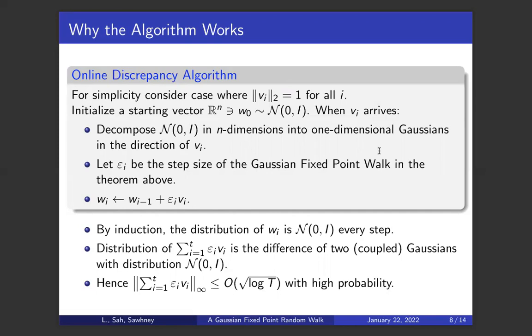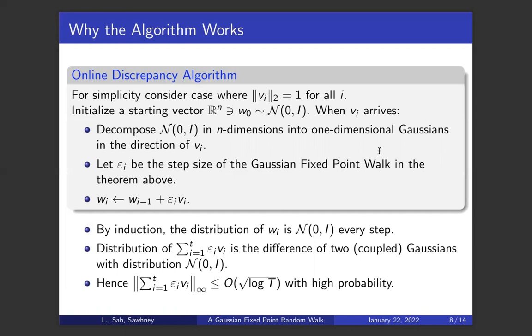This is because w_i has distribution N(0, I_n), and the initial random vector w0 that we picked also has distribution N(0, I_n). So this partial sum is distributed as the difference. Hence, with high probability, the L infinity norm of the partial sum is going to be O of root log t.